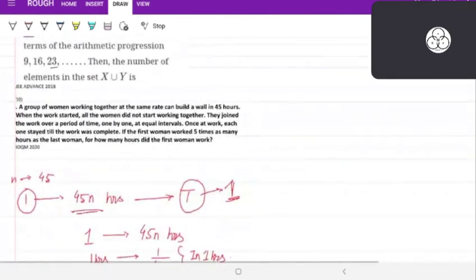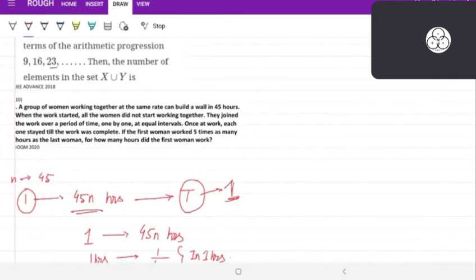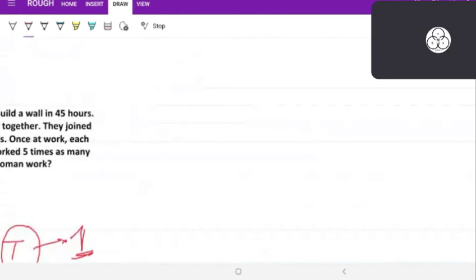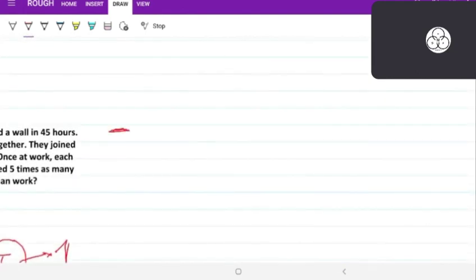Now, the women started the work. All the women didn't start working together. They joined the work after a regular period of time. Say the first woman who started from the very beginning worked for T hours. Then the next woman who joined some A hours later, the total time she worked is T minus A. The third woman worked for T minus 2A, and so on.